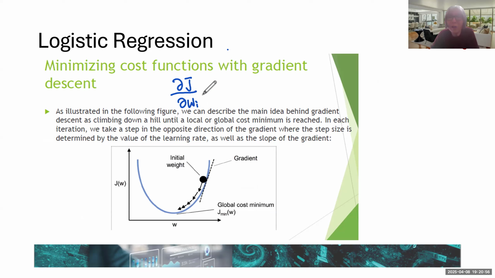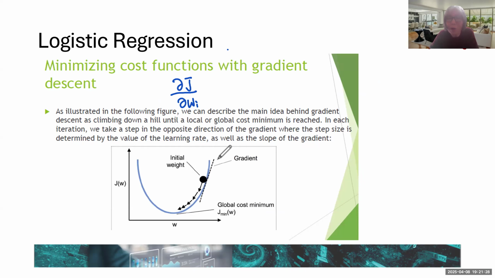In machine learning, we are not going to directly use math to solve the equation to find the solution for the weights. What we do is this: this curve represents the relationship between the cost function and just a single weight. In that case it's a quadratic curve.